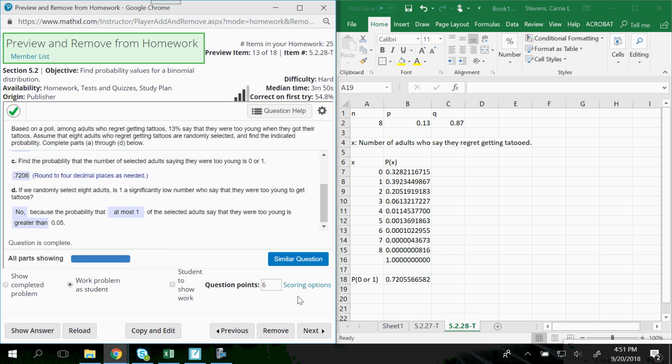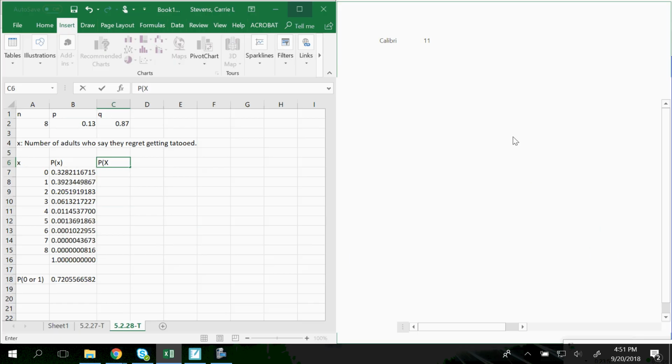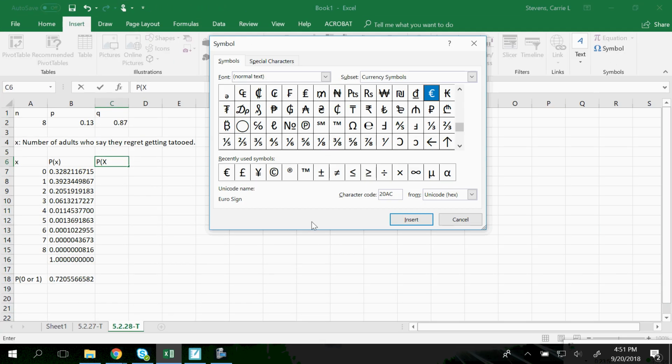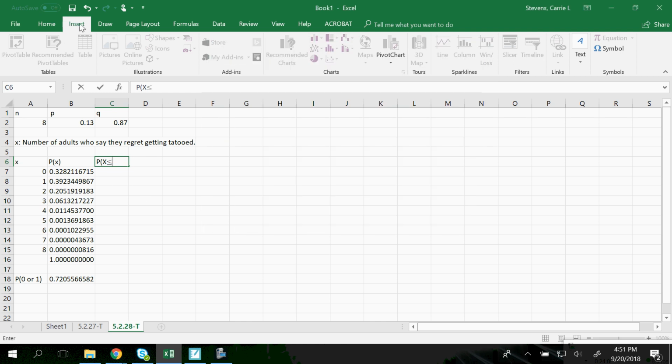Okay. Something else interesting too is cumulative probability. So I'm going to show you how to do, this part isn't so important, but just if you ever want to do symbols, you can insert them. I went to the insert menu and then went to symbol. Less than or equal to a certain number of successes. So that's cumulative, right?